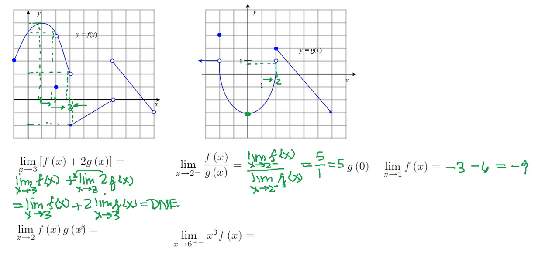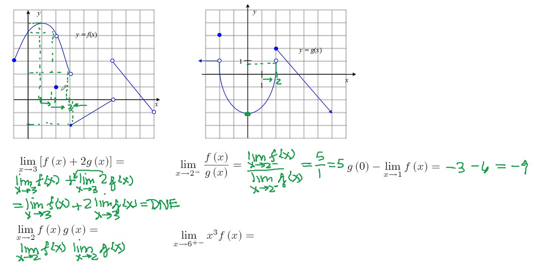Limit of f of x times g of x as x approaches 2. So this, by the properties of limits, again, is the limit of f of x as x approaches 2 times the limit of g of x as x approaches 2.